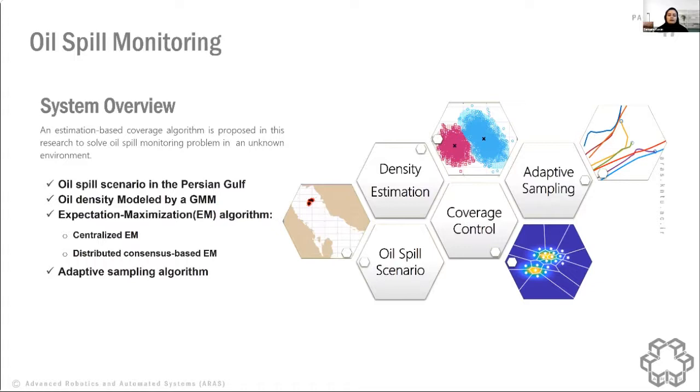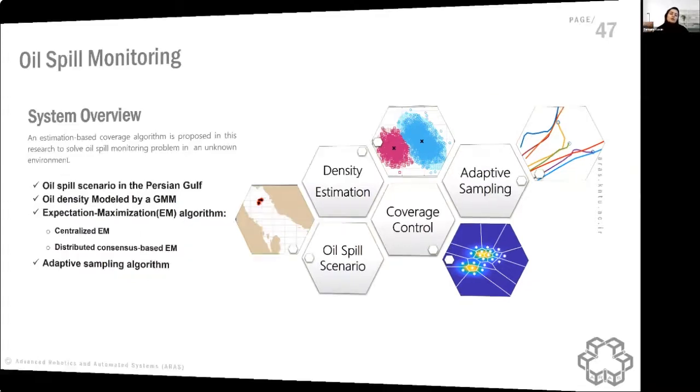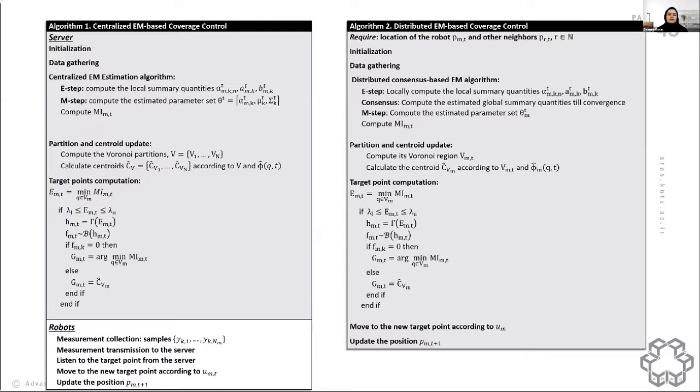In this slide, you can see two algorithms, centralized and decentralized algorithms. In the centralized algorithm, we have two parts: the server part, and the second part that denotes the operations executed by agents.